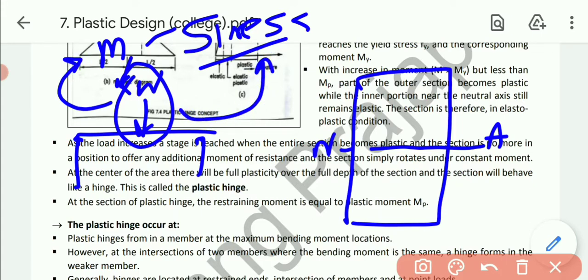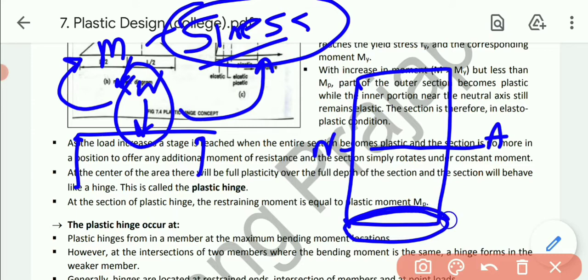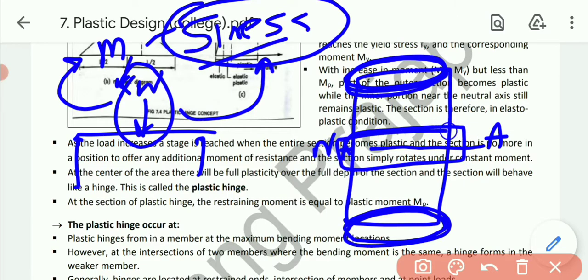So ultimately a stage will be reached, first of all, when it achieves the yield stress. The moment will be greater than the yield moment but less than the plastic moment. So it will create plasticity at the outermost surface of the beam, this one and this one, while the inner part will still remain elastic.